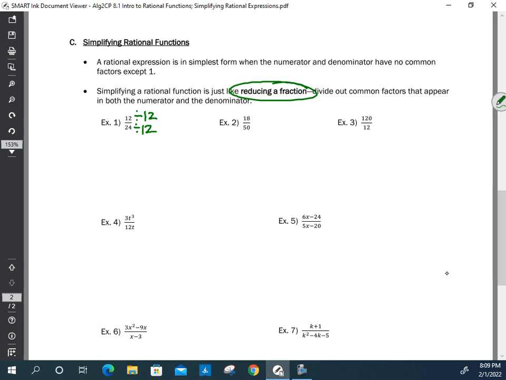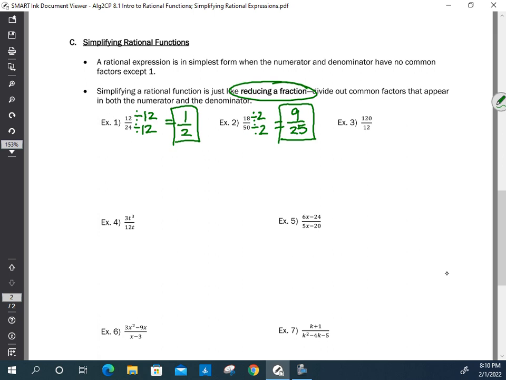Gives you 1/2. Example 2, 18 and 50. You can divide them both by 2, which is 9 over 25. You look at 9, you look at 25. There's nothing else that can come out. So that's your final answer.